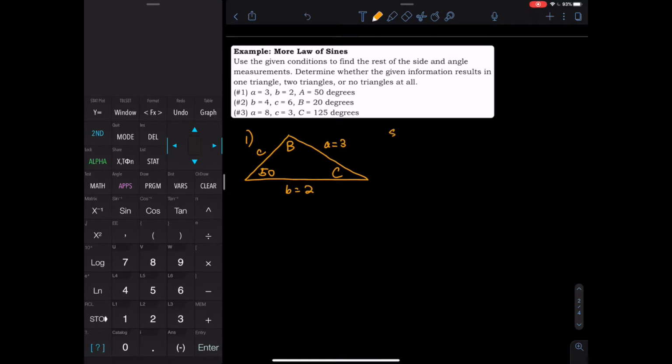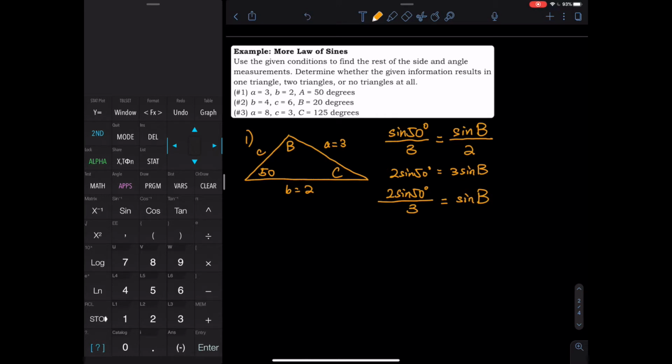So we have sine of A, 50 degrees, divided by 3 equals, let's find B, sine of B divided by small b, and then we cross multiply. So 2 times sine of 50 equals 3 times sine of B. And then we divide both sides by 3. So 2 times sine of 50 degrees divided by 3 equals sine of B. How do you solve for B?